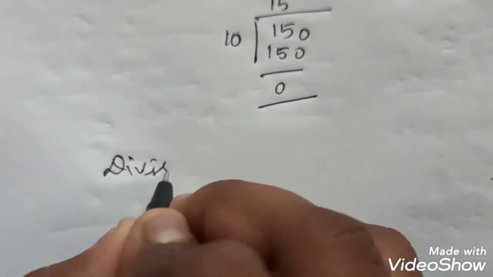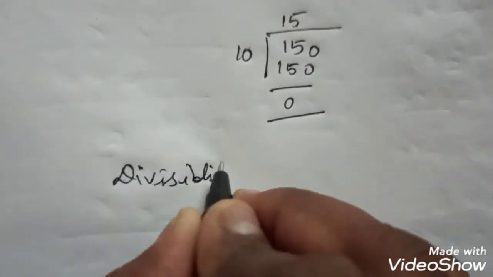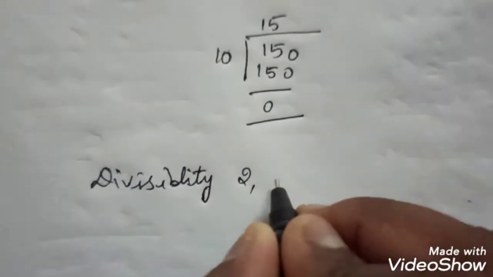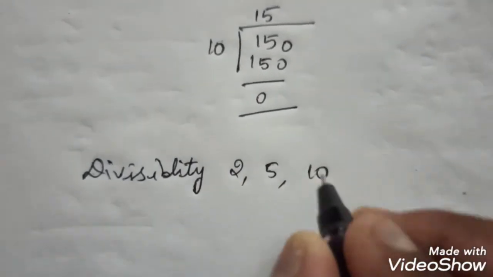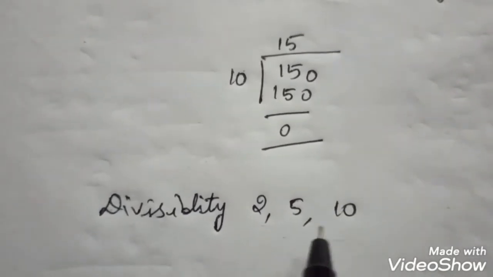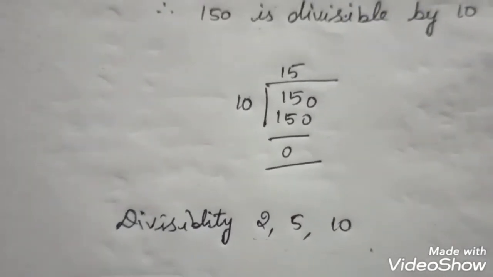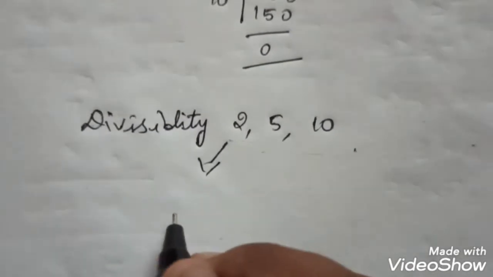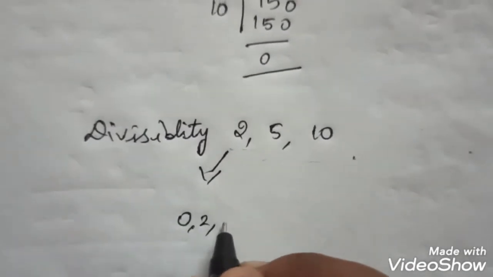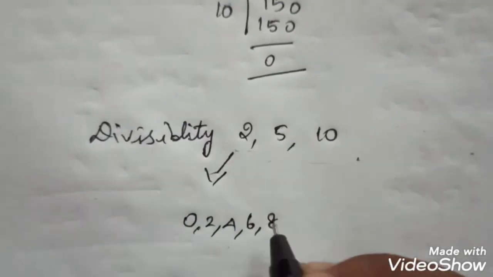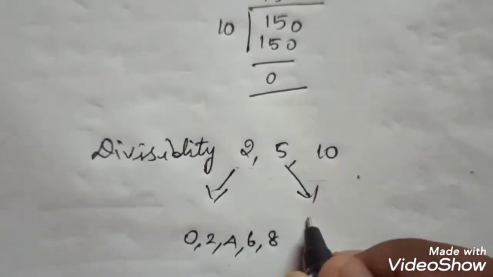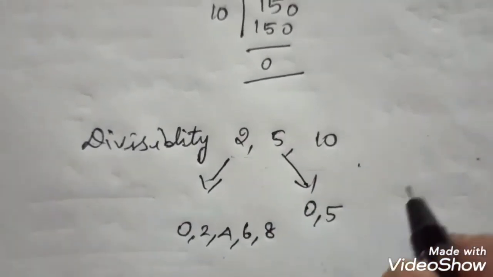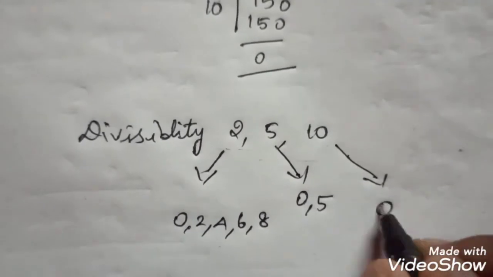We see that divisibility by 2, 5, 10, I conclude these three. For 2, the unit digit is 0, 2, 4, 6, 8. For 5, only 0 and 5. And for 10, it only ends with 0.